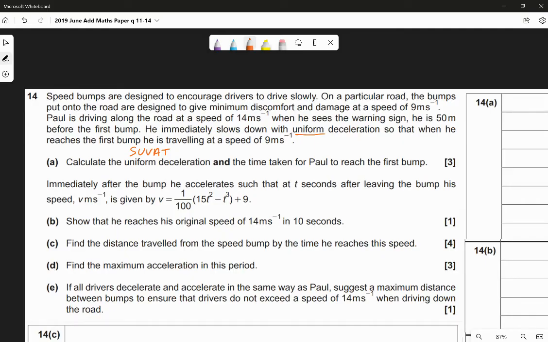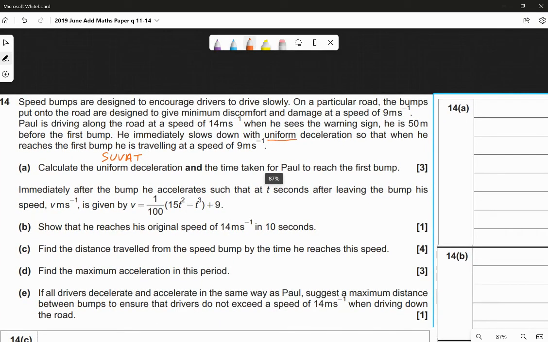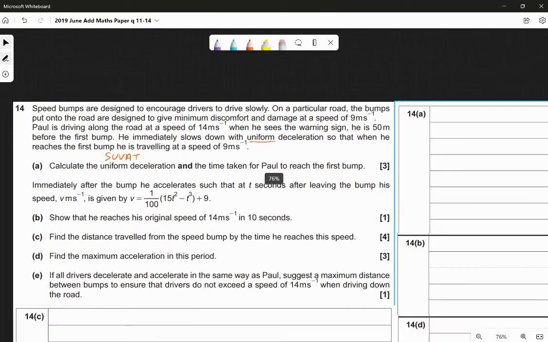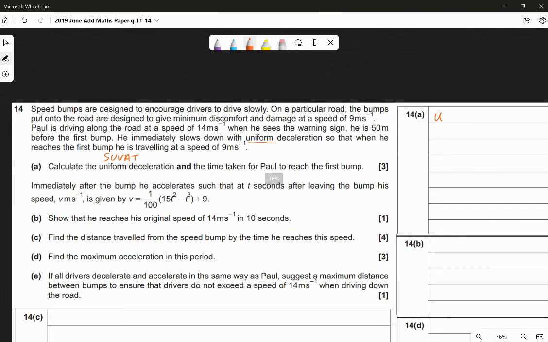So what do we know? His speed at the warning sign is his initial velocity. So in part A, we have an initial velocity u of 14.